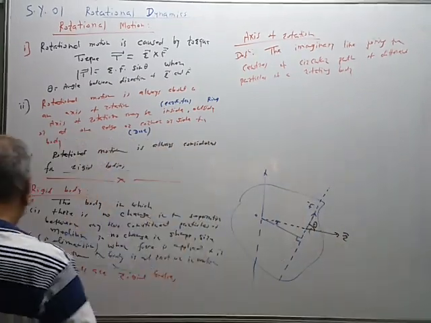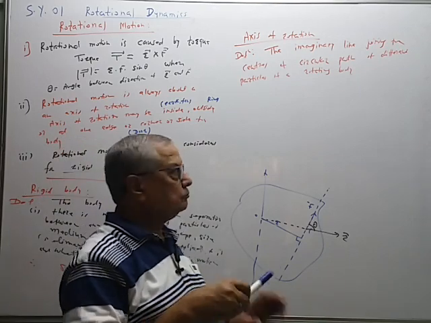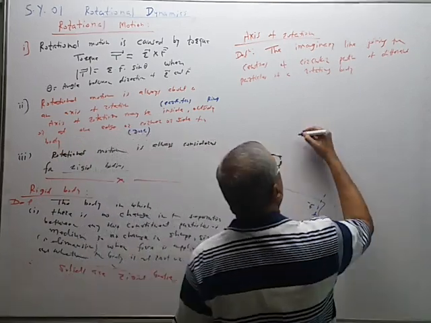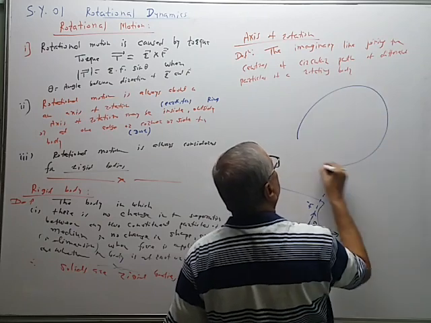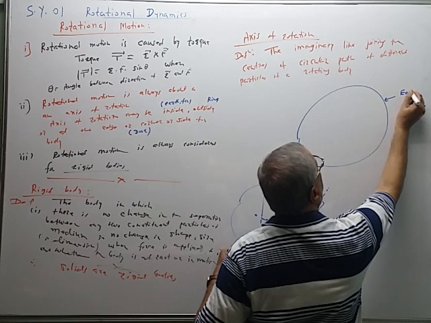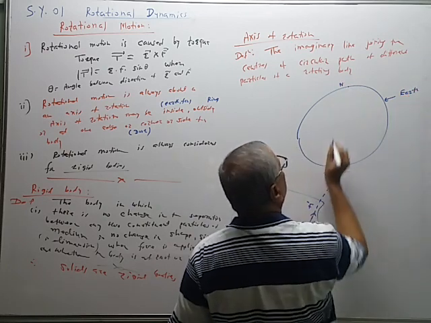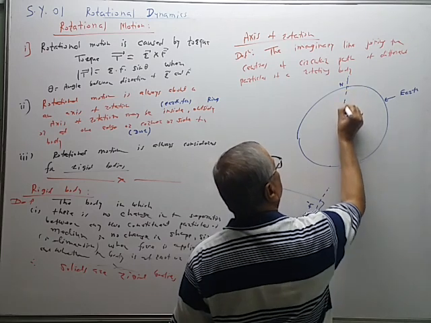So the best example is that of the earth. Suppose this is a body like the earth. This is the north pole, this is the south pole, and this is the axis passing through north and south.